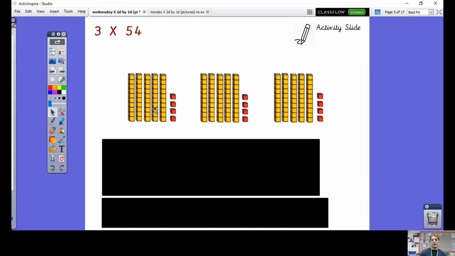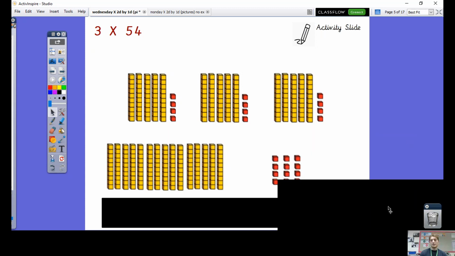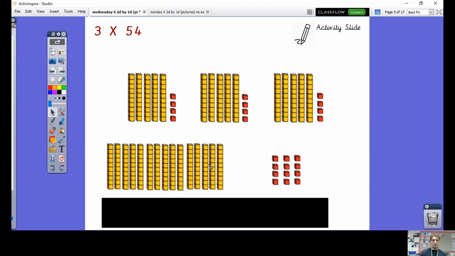Next, what we should have done is arranged our tens and our ones into separate groups. There's a lot of tens here, isn't there? We should have 1, 2, 3, 4, 5, 6, 7, 8, 9, 10, 11, 12, 13, 14, 15 tens to start with. And then we should have 12 ones.